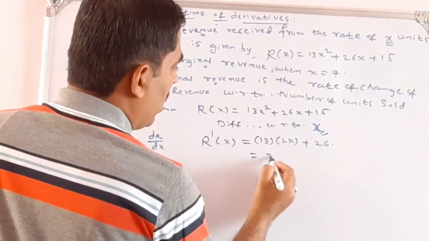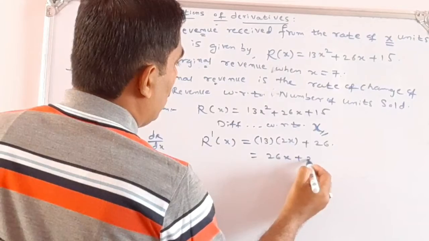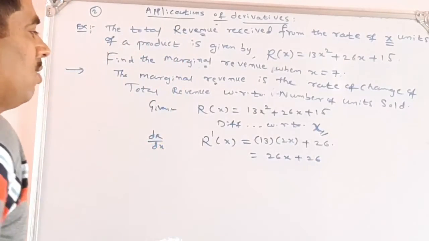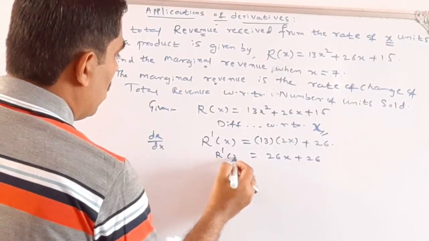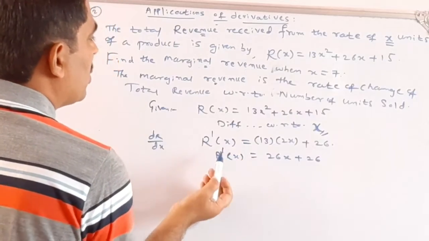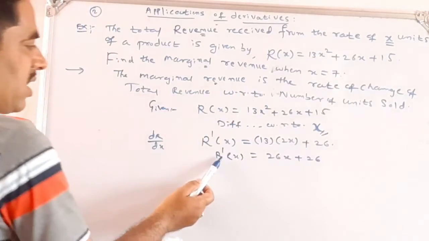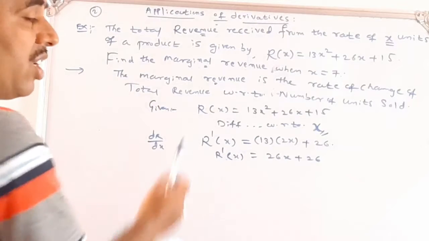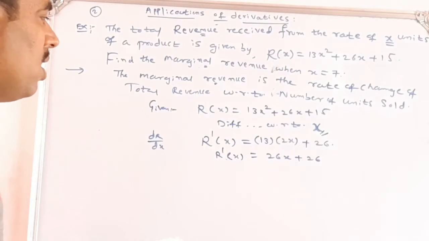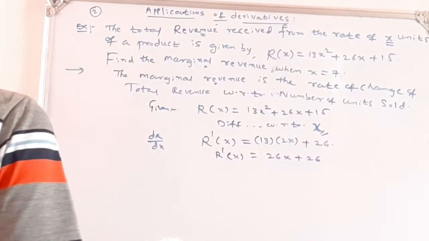So on the right hand side I will get 26x plus 26. This is the rate of change of R with respect to x. That is nothing but marginal revenue.